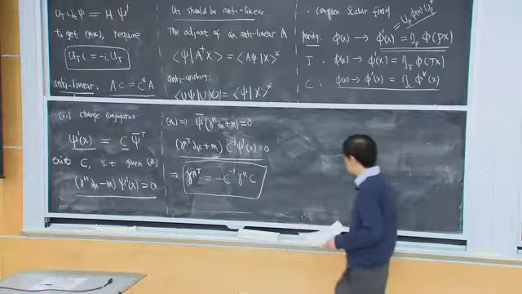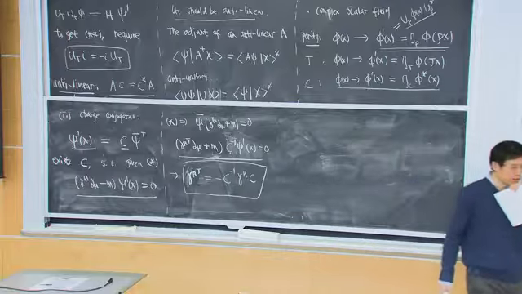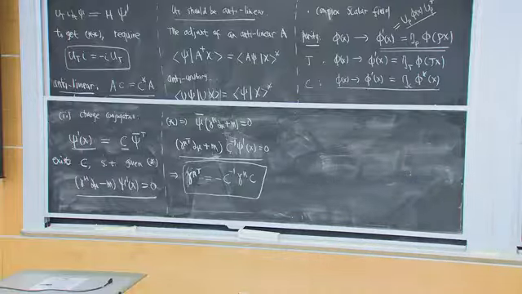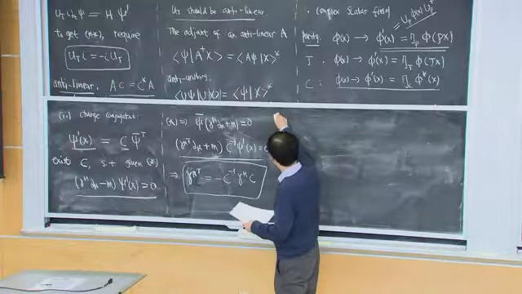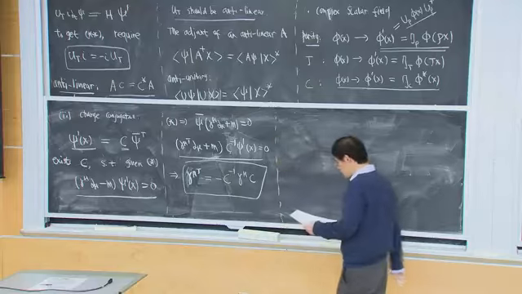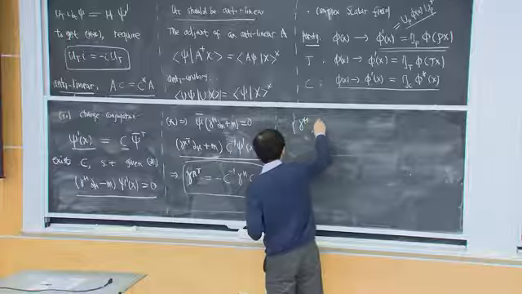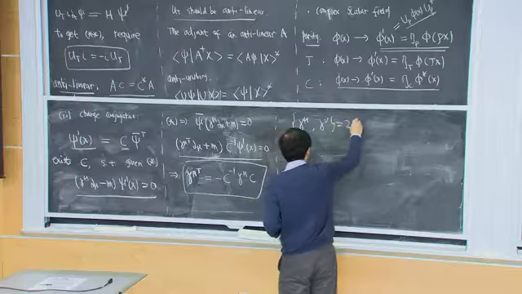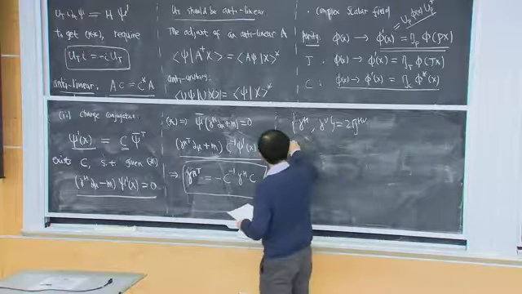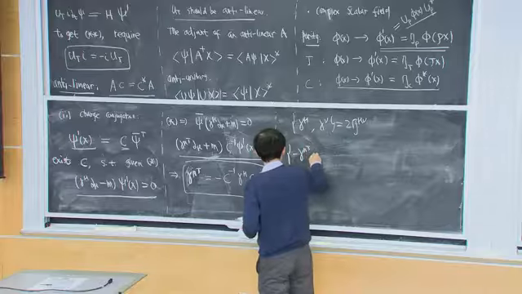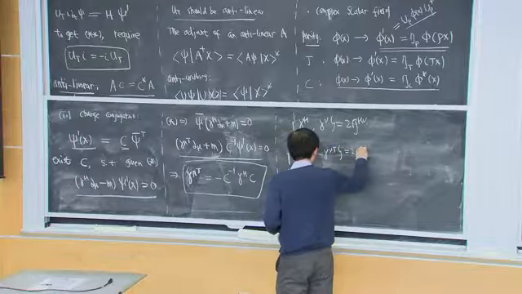So does such a matrix C exist? Actually, such a matrix C always exists for the following reason. You can check that given gamma mu satisfying this Clifford algebra for gamma matrices, minus gamma mu t also satisfies the same algebra.